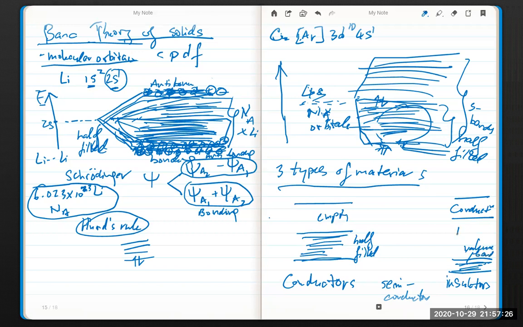And the distance is very far. It's more than 3 electron volt. In the case of metals, the conduction band and the valence band overlap.